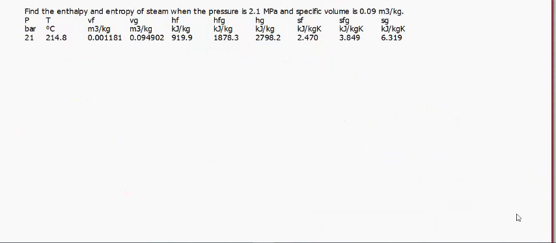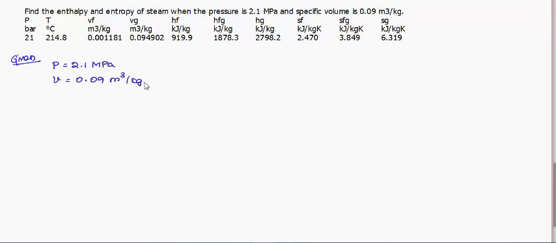Now the third kind of problem. Find the enthalpy and entropy of steam when the pressure is 2.1 megapascal and specific volume is 0.09 meter cube per kilogram. So how can we derive the required answer? Given data: steam pressure is 2.1 megapascal and specific volume is 0.09 meter cube per kilogram.